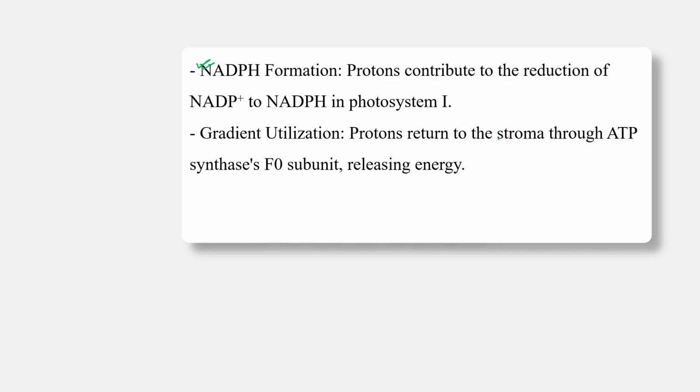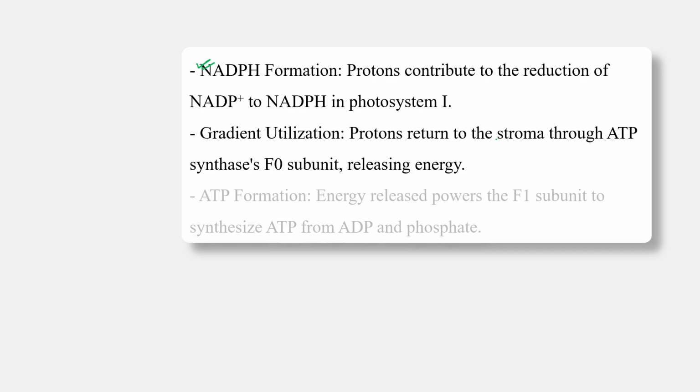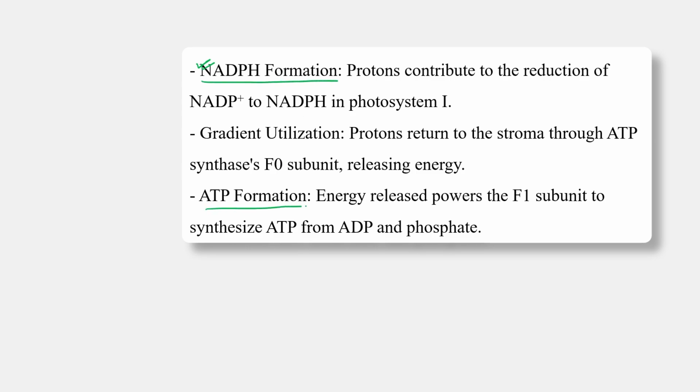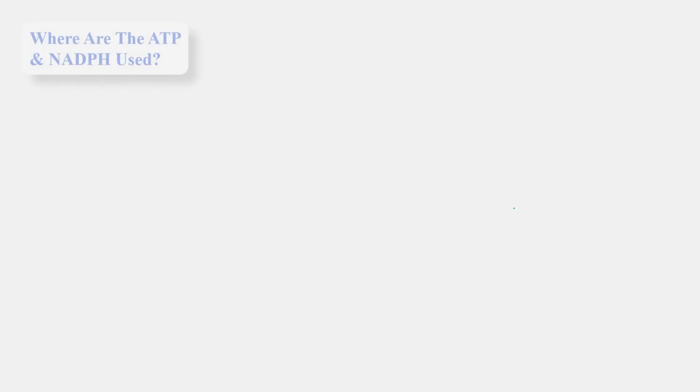through the ATP synthase F0 subunit, and it releases energy, right? So NADPH formation occurs and ATP formation occurs, in which the released energy powers the F1 subunit to synthesize ATP from ADP and phosphate. Now, where are the ATP and NADPH used up?